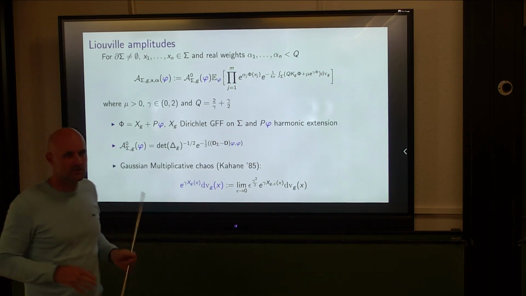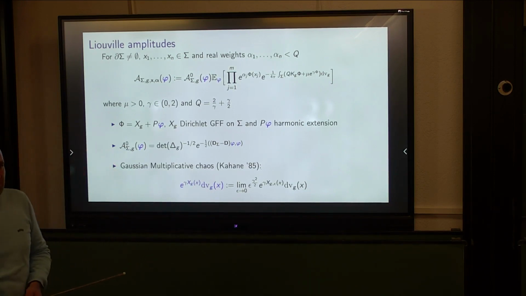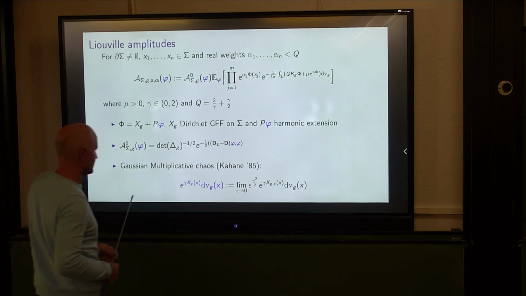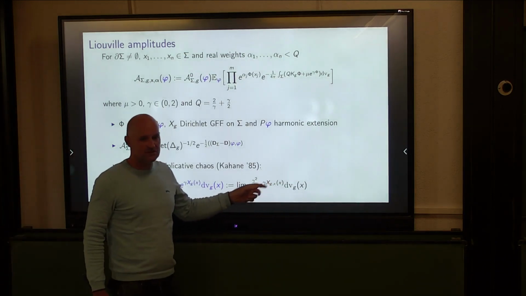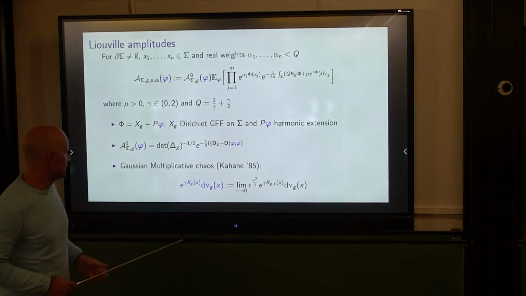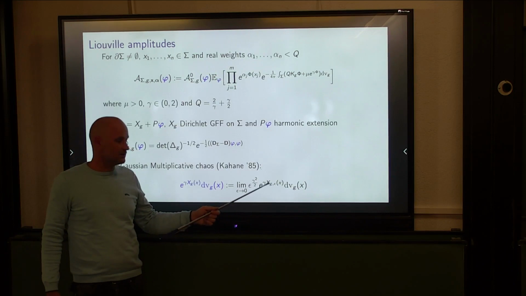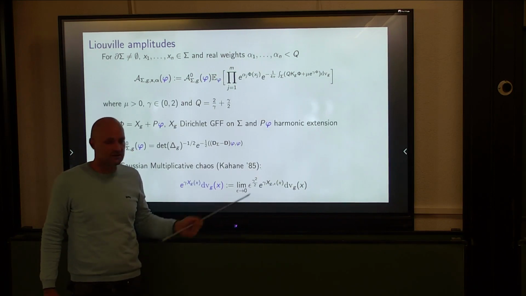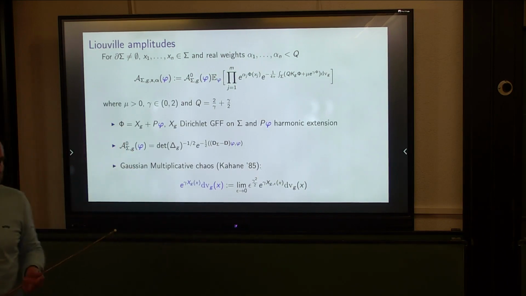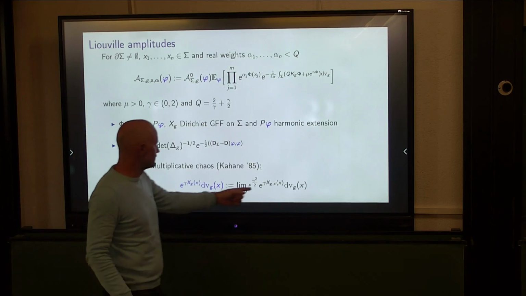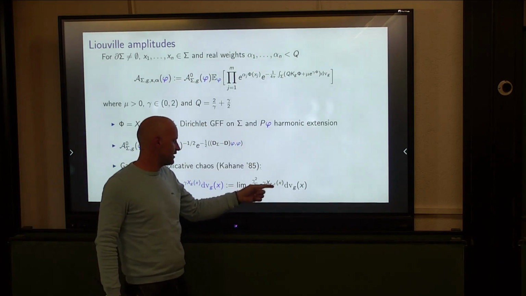There is a whole theory called Gaussian multiplicative chaos for this exponential of the GFF. For this, you have to regularize it a little bit. The way you regularize it is not that important because the limit that you get is not regularization dependent.